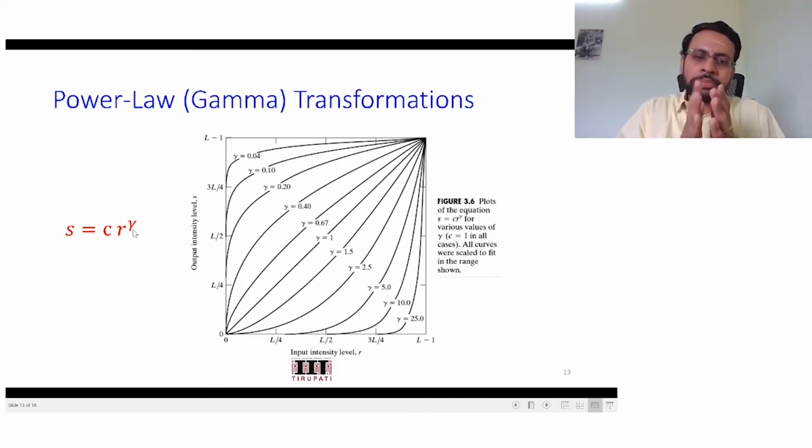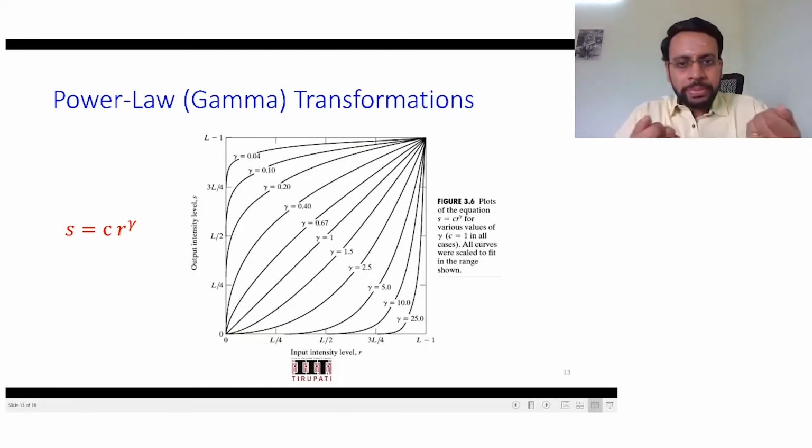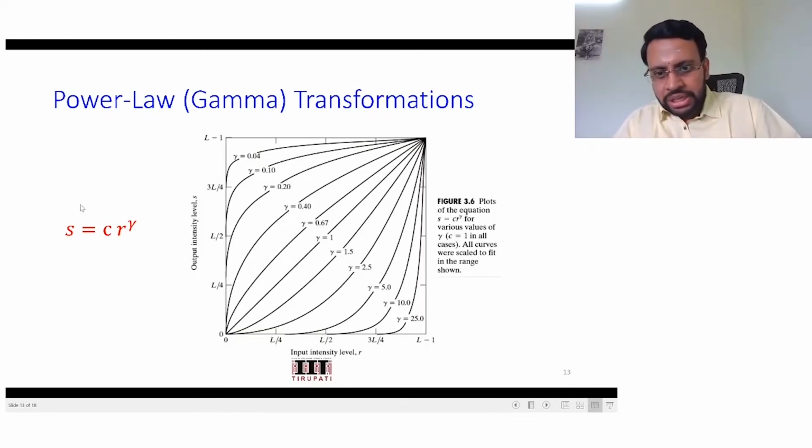So if your object of interest is lying in the high intensity range, and it is not very clearly visible there, a gamma transformation could help you in getting much better contrast for those regions. On the contrary, take a look at these graphs when your gamma value is less than 1. For example, this is gamma equal to 0.67, gamma equal to 0.4, 0.2, 0.1, and so on.